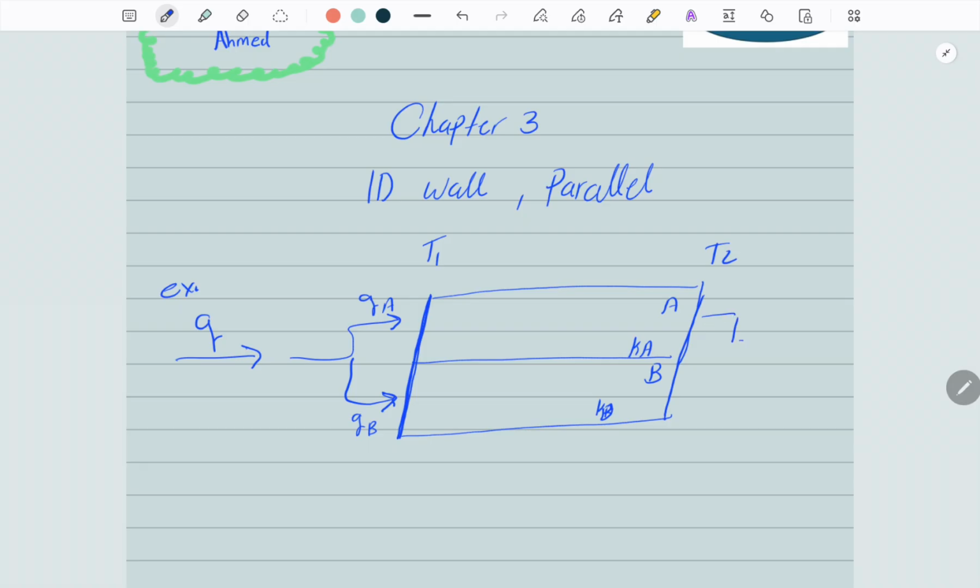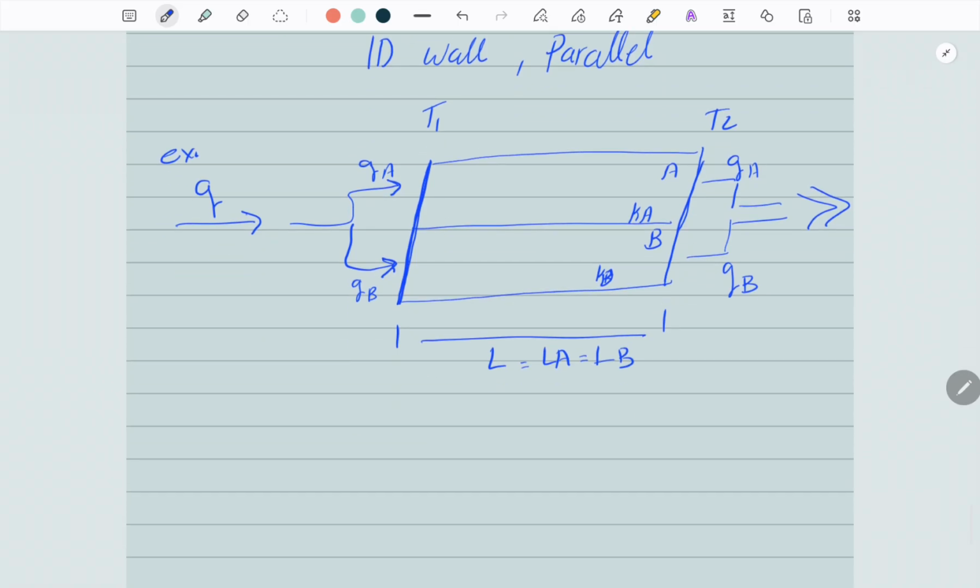Same thing here. That's your total heat transfer. This is QA and that's QB. The length of the material is L, which equals LA and LB. The area is different. Each shape has a different area, but the length is the same for both.